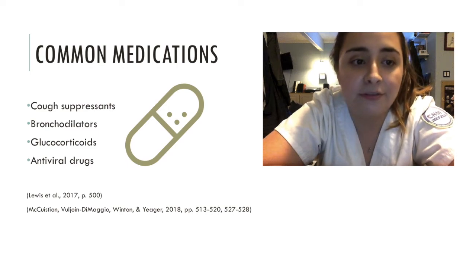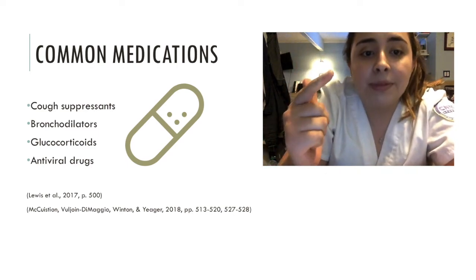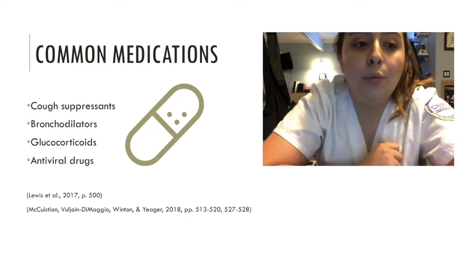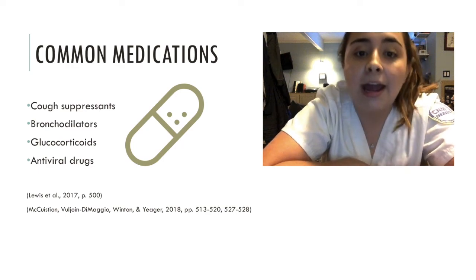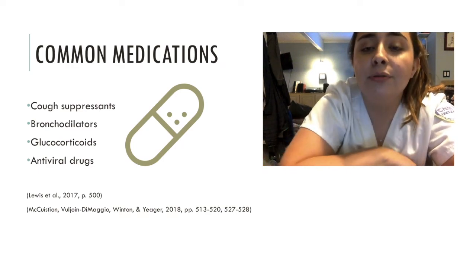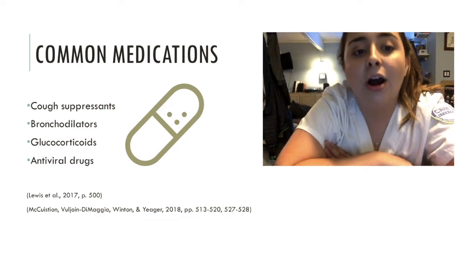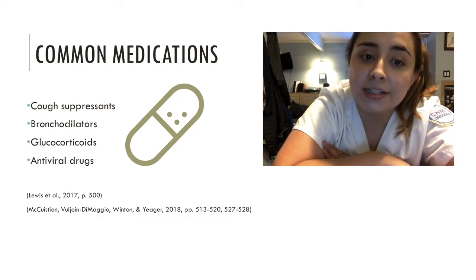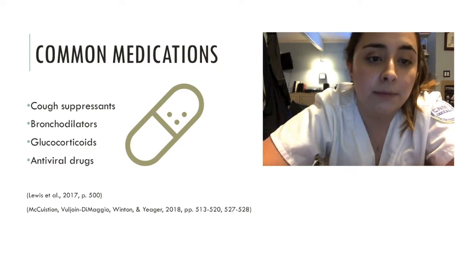Some medications that fall under this are albuterol, formoterol, and levalbuterol. When using an inhaler, it's important to teach the patients the correct use, and a spacer can be provided to improve the delivery of the drug. Some side effects of bronchodilators are tremors, headaches, nervousness, palpitations, and an increased pulse.